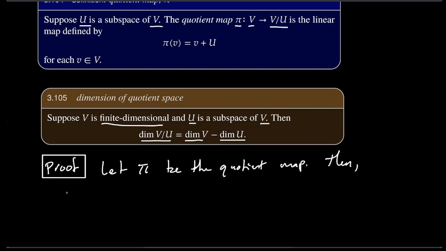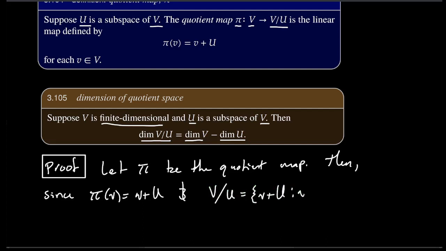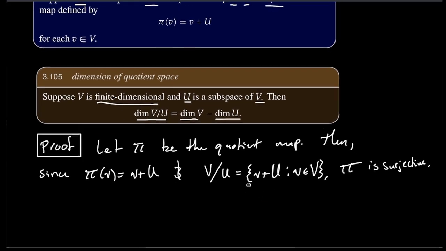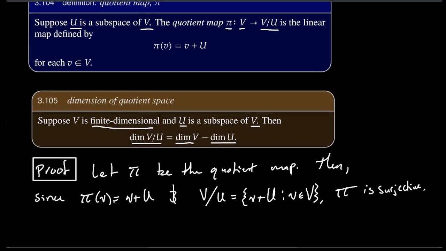Then, since pi of v is equal to v plus U, and V quotient U is just the set of v plus U for vectors v in V, pi is surjective. That is, it just spits out a translate of U by v for each vector v in V, and that is all of the elements in the quotient space. Okay, nothing crazy at all.